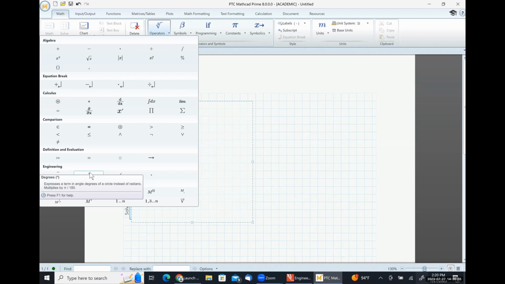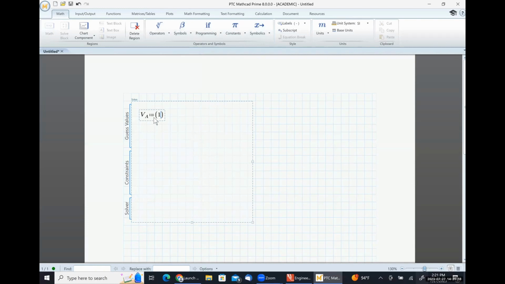Notice it does not have a keyboard shortcut. Then we have the angle operator. This calls it polar, which has a keyboard shortcut of Control Shift P. And then we have this scaling operator, which honestly I've never used, but it does have a keyboard shortcut of Control Shift U.